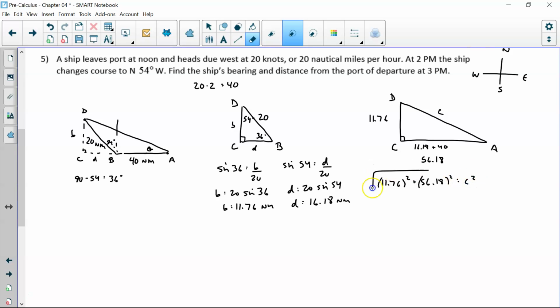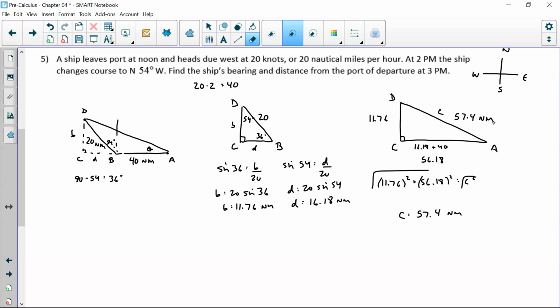And then we're just going to take the square root of both sides. So C equals, I'm just going to use my calculator. When I do that, I'm going to get about 57.4 nautical miles. So it traveled 57.4 nautical miles from the port if we were to measure directly.